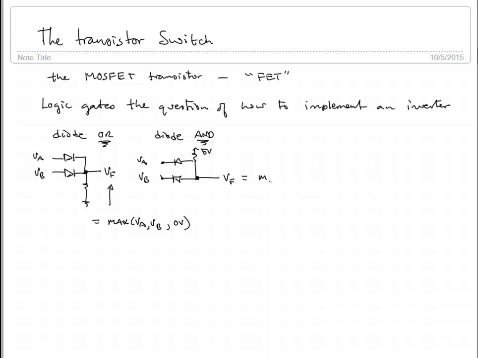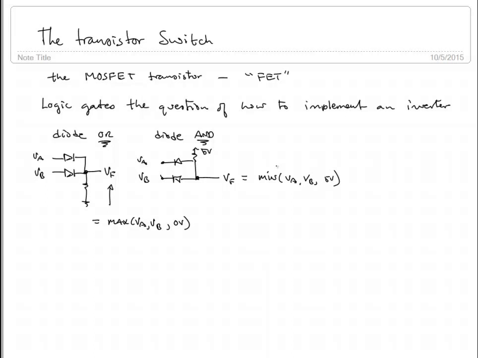For this AND gate, what we really have is the minimum of VA, VB, and 5 volts. So it's not exactly a true logic AND or OR gate, but we saw some applications where it would actually function. It could serve a purpose of ORing or ANDing.